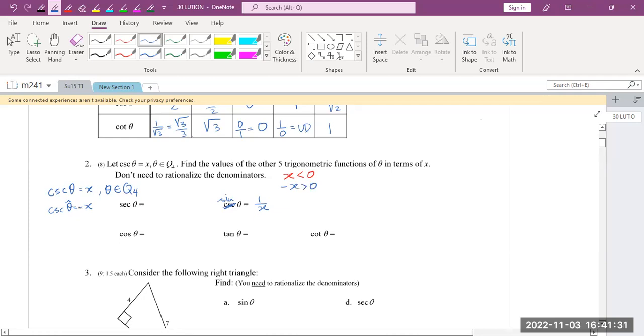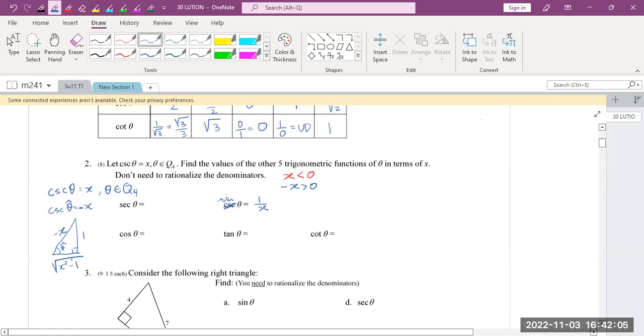Okay, now draw that triangle. You have a right triangle with theta here, with cosecant theta to be negative x. So this is negative x, this is 1, and this is square root of x squared minus 1.